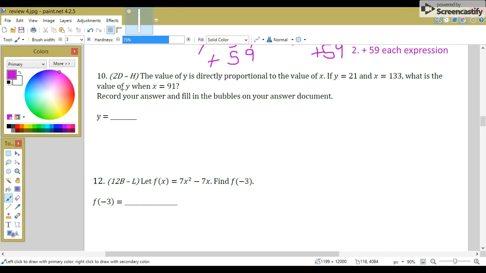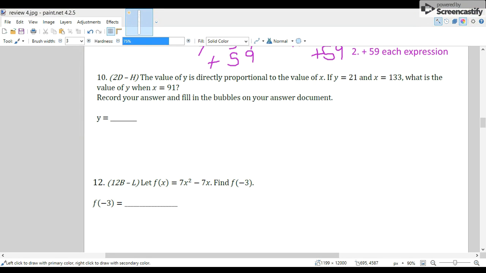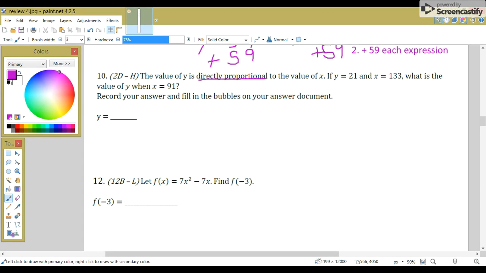Number 10, 2D. The value of y is directly proportional to the value of x. If y equals 21 and x equals 133, what is the value of y when x equals 91? First, you set up your proportion because it says directly proportional.